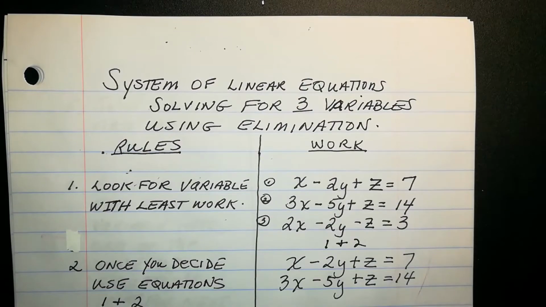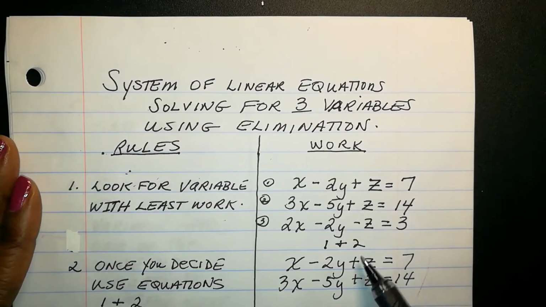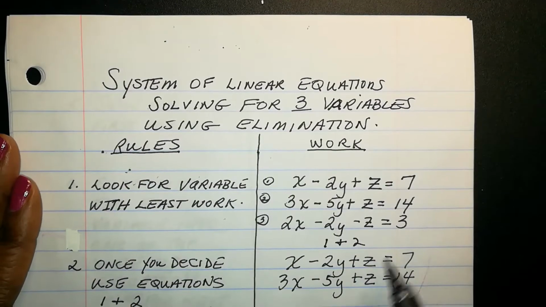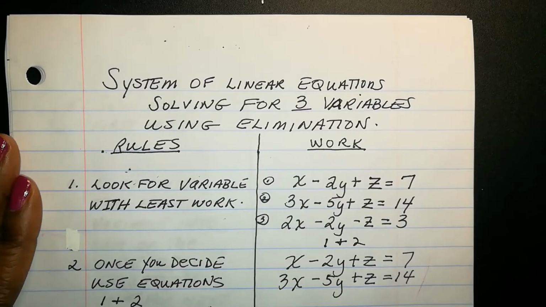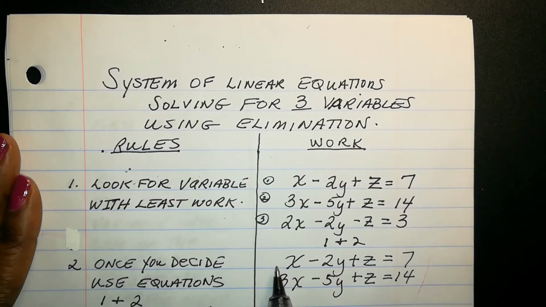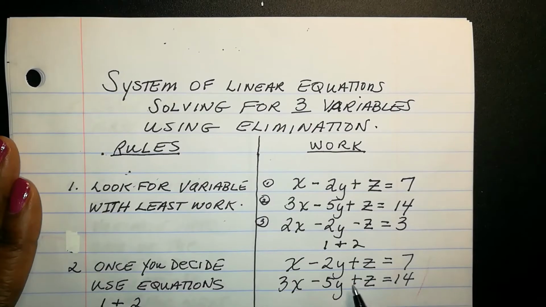Now, we look at the z's and see what symbols are in front of the z's. This is addition and addition. If I want to eliminate these two z's, what do I have to do to the two equations so that the z's will cancel out? If I add them, I would have 1z plus 1z.